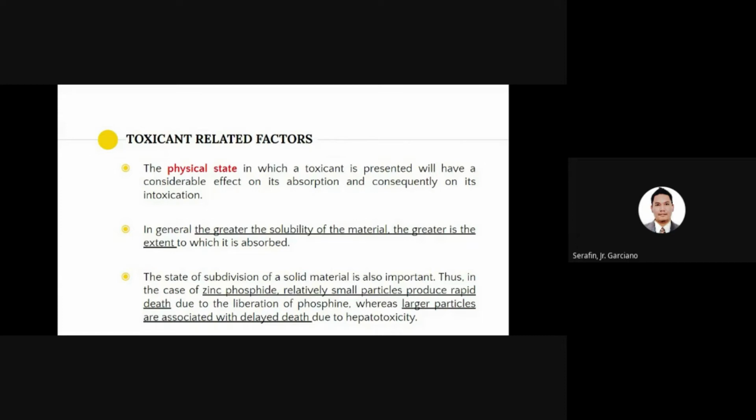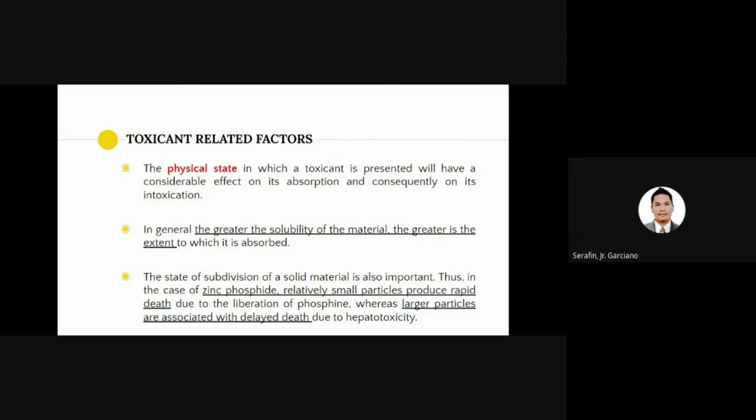Thus, in the case of zinc phosphide, relatively small particles produce rapid death due to liberation of phosphine, whereas large particles are associated with delayed death due to hepatotoxicity. Zinc phosphide can cause toxicity due to liberation of phosphine gas at the acid pH in the stomach.